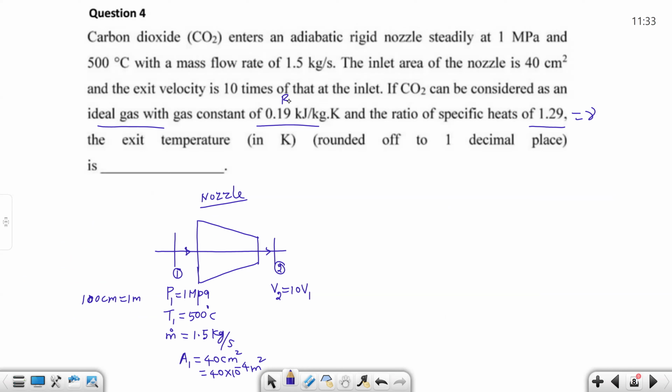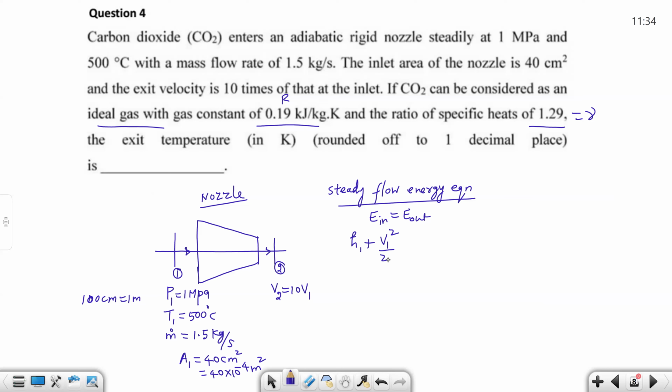Now you apply the steady flow energy equation, that is energy in equals energy out. Energy in is the enthalpy H1, then you have kinetic energy V1 squared by 2.